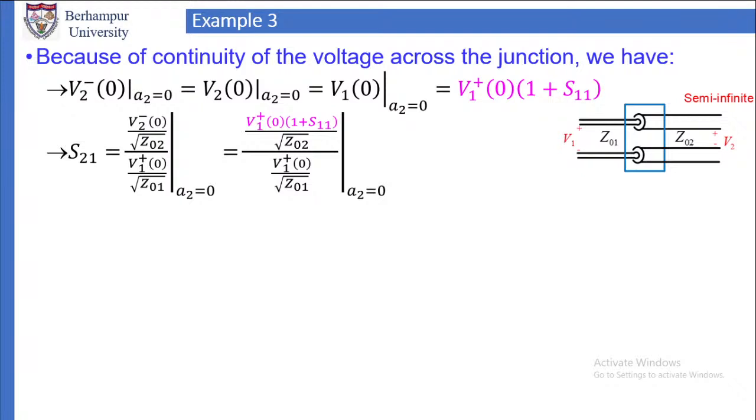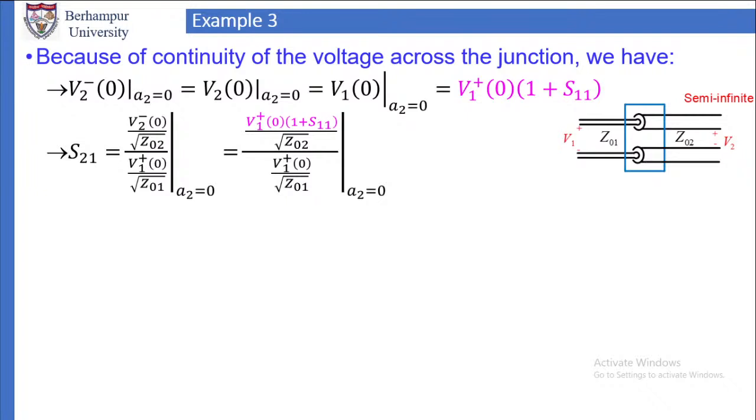So you can write that for V2 minus, we have found the expression V1 plus into 1 plus S11. So the numerator will be V1 plus into 1 plus S11 by root over of Z02, divided by V1 plus by root over of Z01.